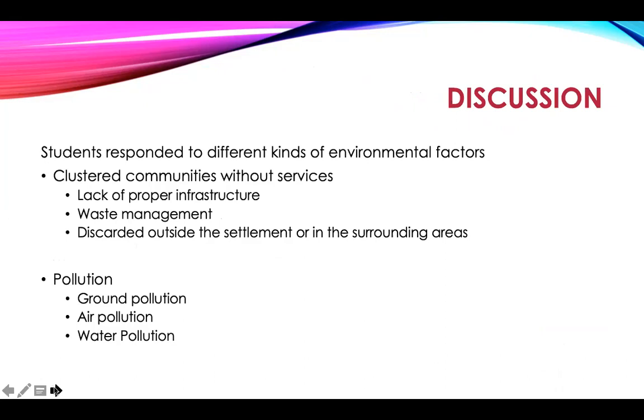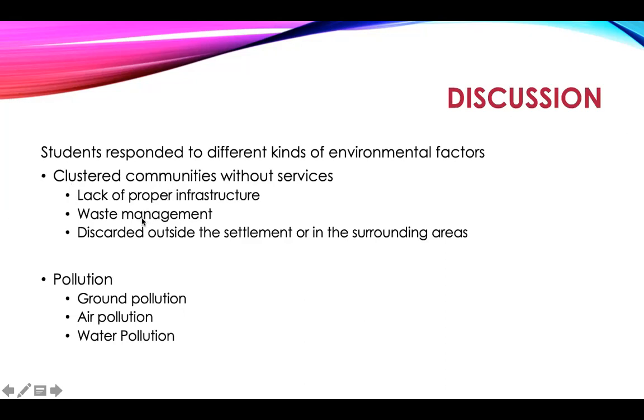So we can see from this presentation that students responded to different kinds of environmental factors, which could be divided into two large groups. The first group of environmental factors is clustered communities without services, and the second is pollution. These clustered communities without services have a lack of proper infrastructure.